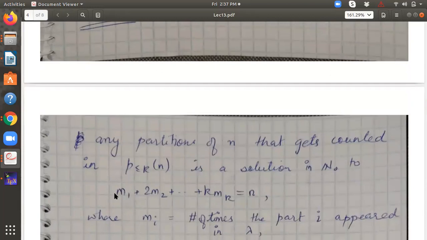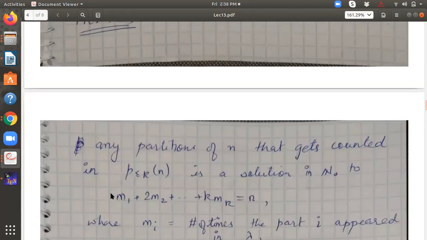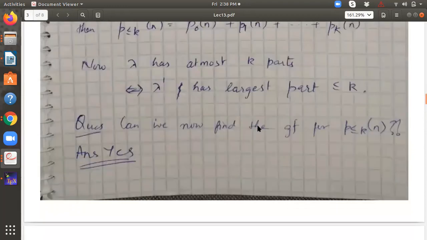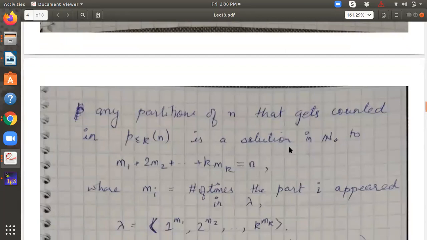Okay, so if lambda has k parts, you actually hit till k mk, otherwise you would have stopped somewhere earlier itself, right? So you see how many equivalent interpretations I have for this entire thing. So p less than equal to k of n in the most obvious sense is this number. And this number counts these lambdas. These lambdas are equivalent to these lambda primes. And any point here actually corresponds to a solution to this equation.